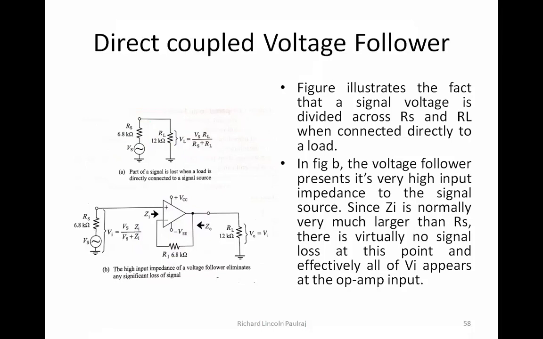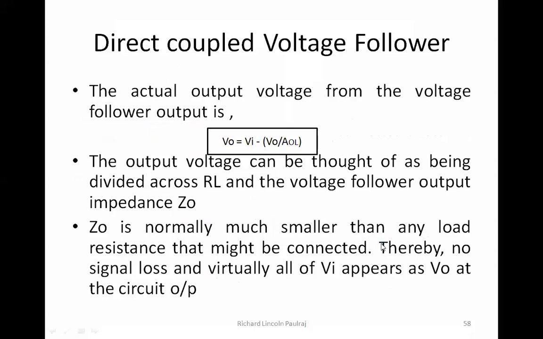Yes. So this is called a direct coupled voltage follower. Okay, so I am having my levels of inputs here. Okay, Rs and RL are my resistances, and then I have my op-amp which is connected in between. Okay, fine. So we have a formula now, where we can say how the output voltage is related to the input and the open loop gain.